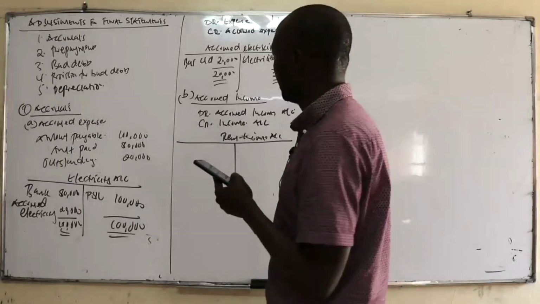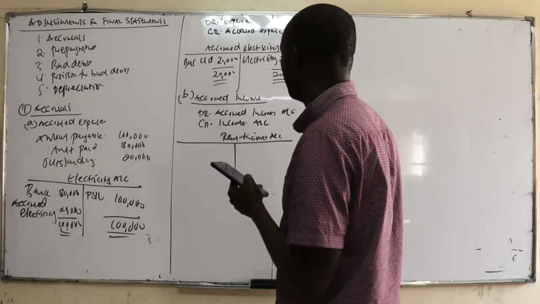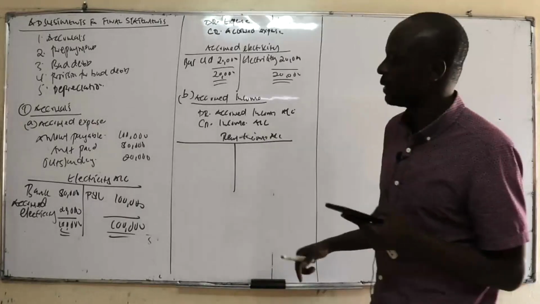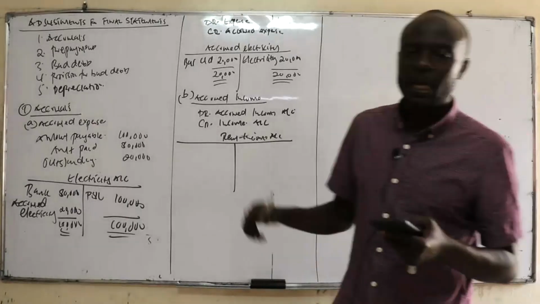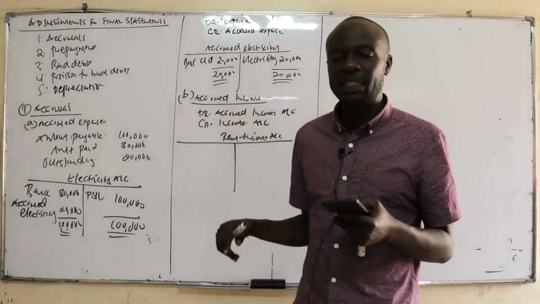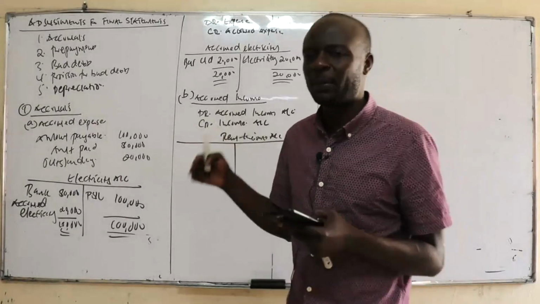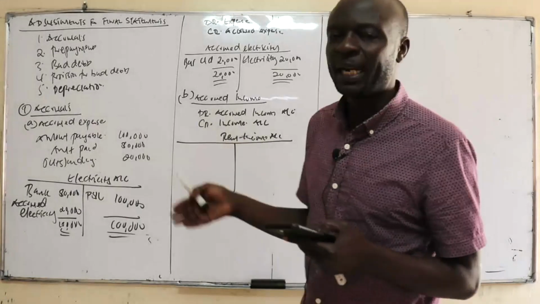We said, anytime you transact, you identify the account that is receiving, you debit, and the account that is losing, you credit. Now, when you receive cash in favor of rent, you debit your bank account. It's the bank account that is receiving that amount of money. Then you credit the rent income.